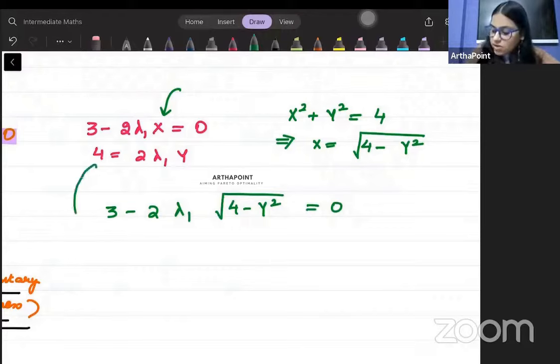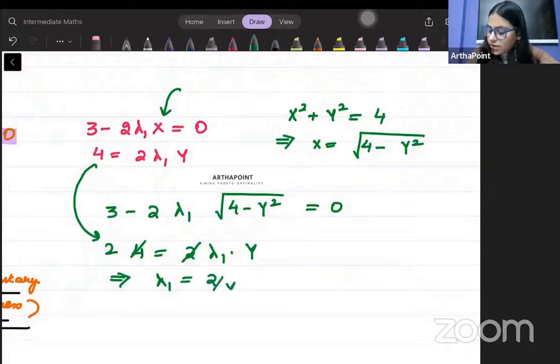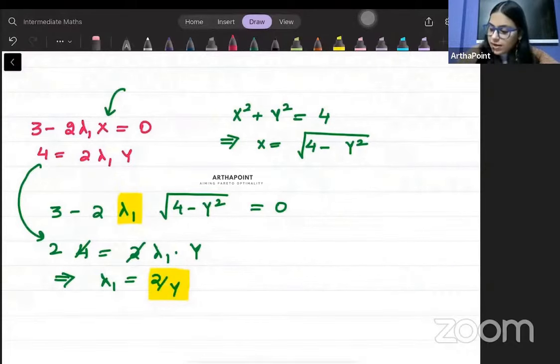And from here, I know that 4 is equal to 2 lambda 1 into y. So I can solve for lambda 1. So this will cancel out and I will get lambda 1 as 2 by y. So lambda 1 की जगह पे I can plug this value of 2 by y. So what will I get beta?